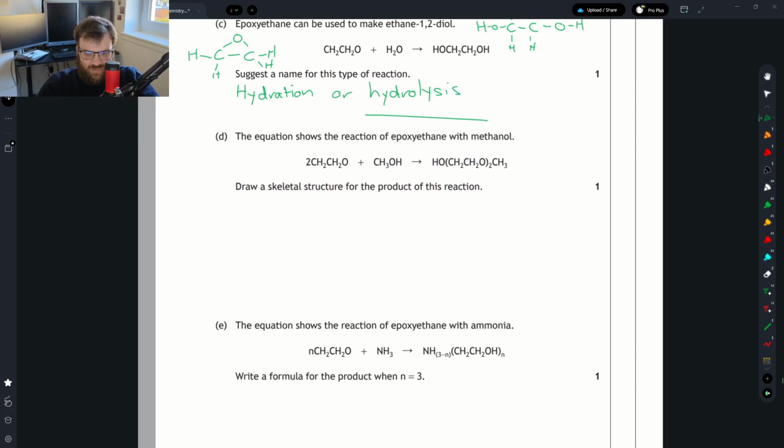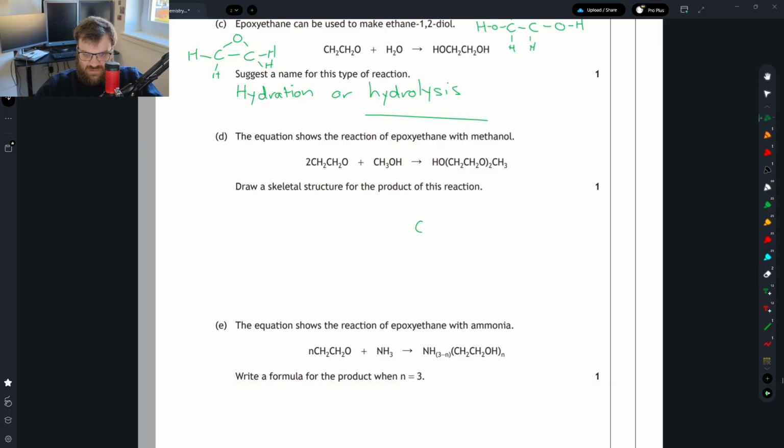We need to draw what we are making here. We have to draw the skeletal structure, so let's just draw it out normally. So we've got our OH going to, and you get 2 sets. This and CH3 on the end. How on earth is that going to go?